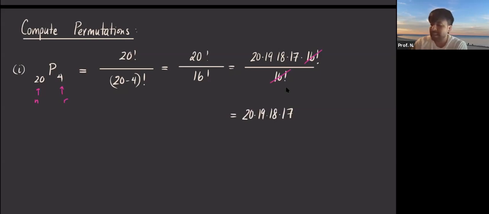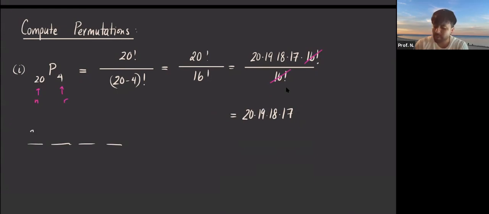I could have gotten to the same product if I had considered it as a combinatorial argument. If I had said, I have 4 spaces, how many ways can I permute 4 objects out of the 20? It's like saying, if I have 20 sprinters and I want to know who are the first 4 to make it through the race, how many ways are there for that to happen?